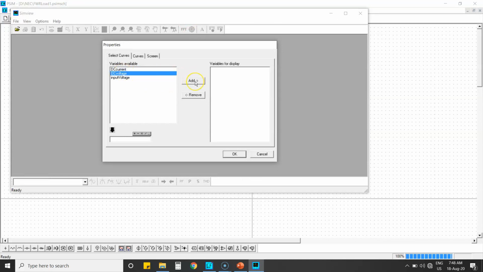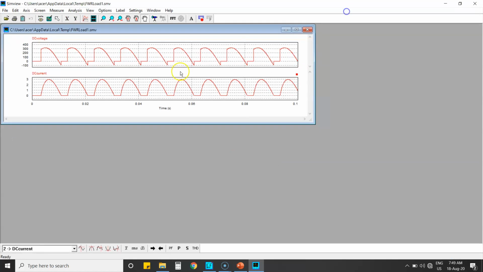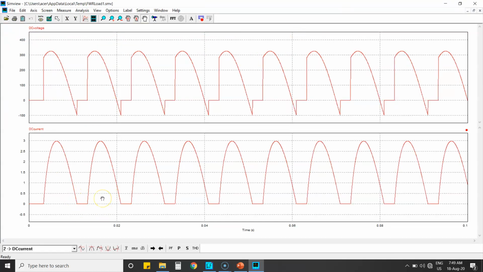I just want to see the DC output voltage and then the DC output current. So you can see the variation in the output current. During this point, that is at the negative point, you can see the current does not become zero.